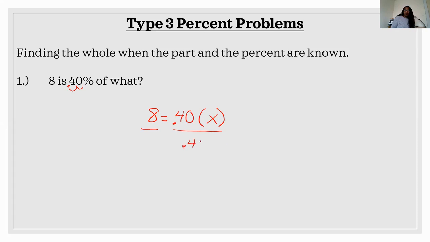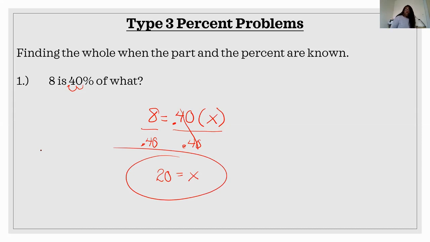So I'm going to divide both sides by my coefficient, 0.40. So now I got 8 divided by 0.40. With the handy dandy calculator, that gives me 20. So basically, 8 is 40% of 20.